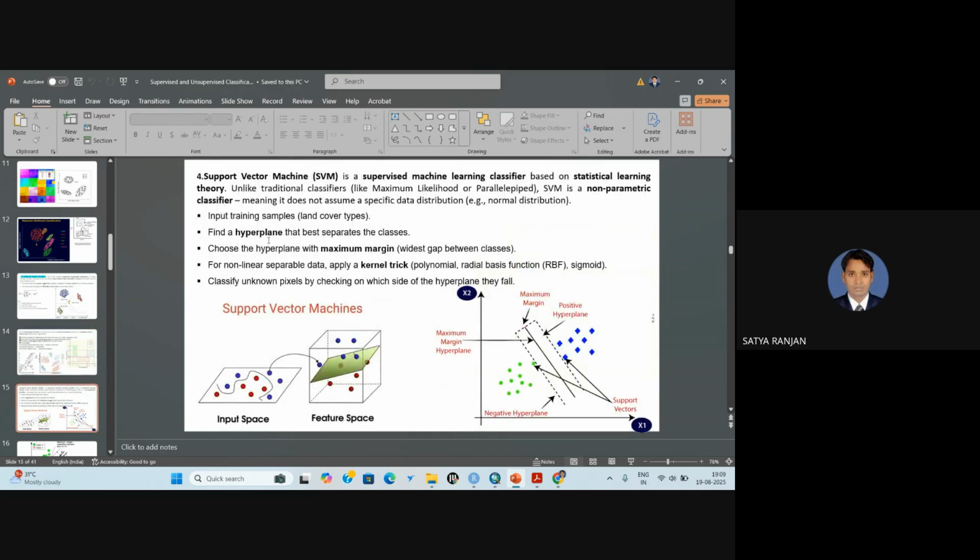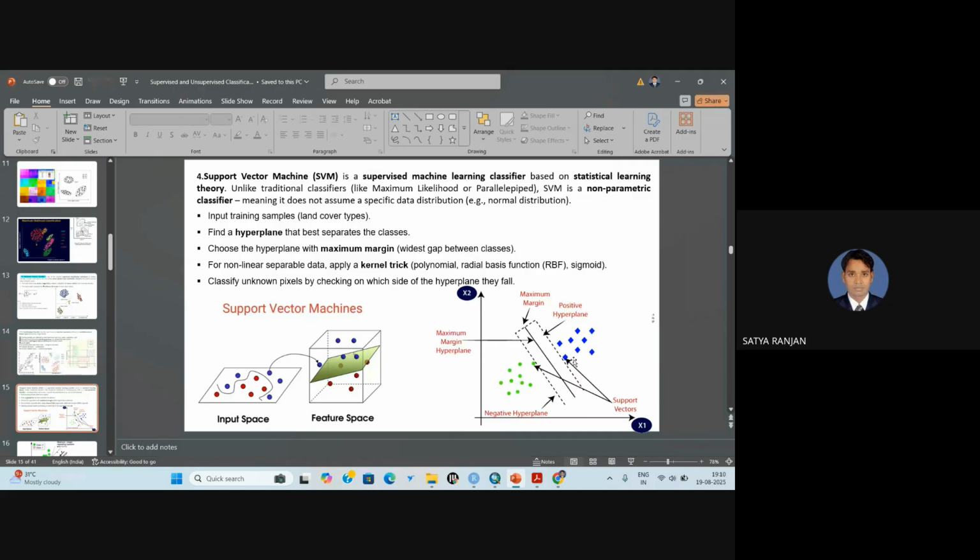Then the support vector machine, which is one of the important machine learning classifiers. It is based on statistical learning theory. Unlike traditional classifiers like maximum likelihood and parallelepiped, SVM is non-parametric, so it does not assume any specific data distribution. Suppose there are two classes, then it divides them with a boundary of maximum margin.